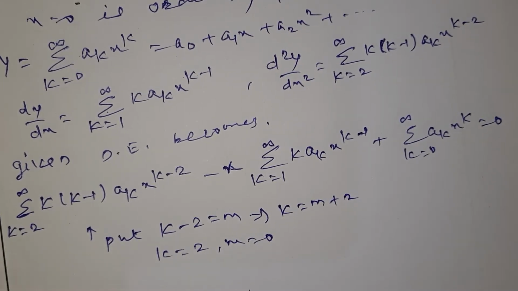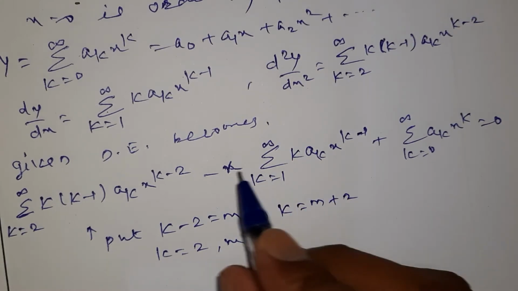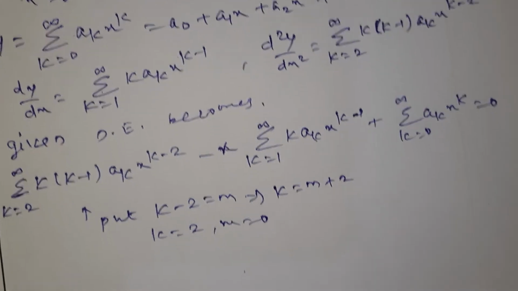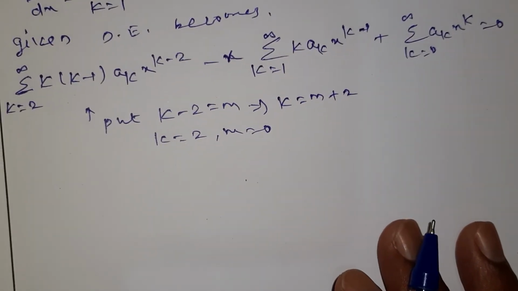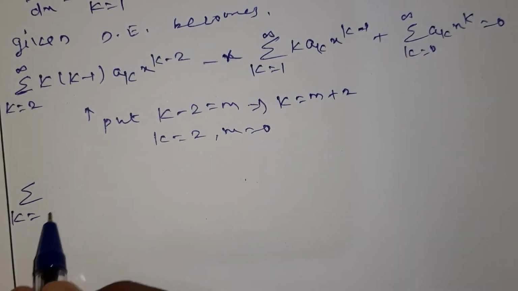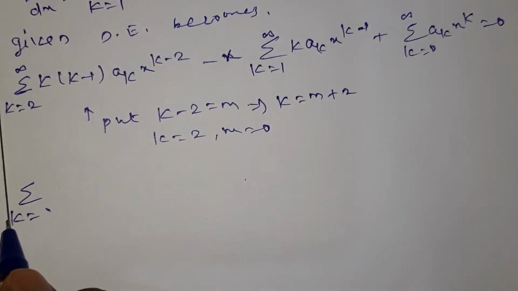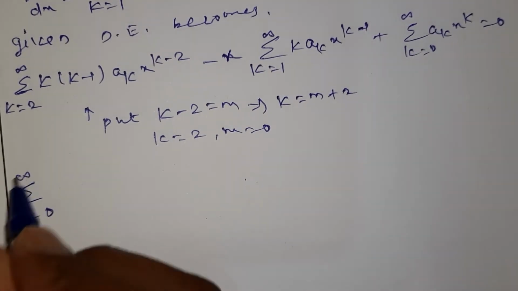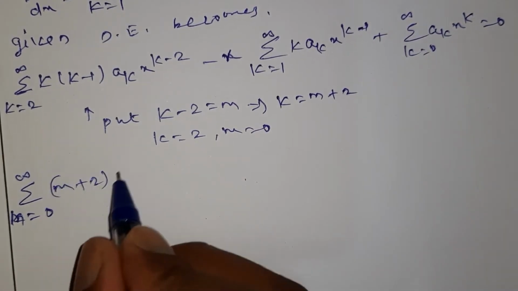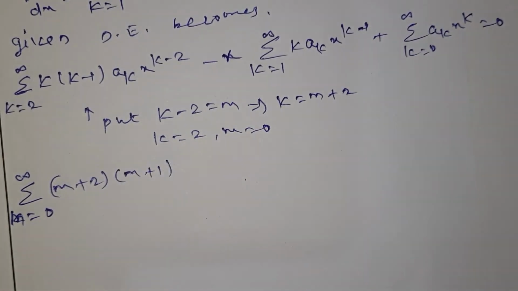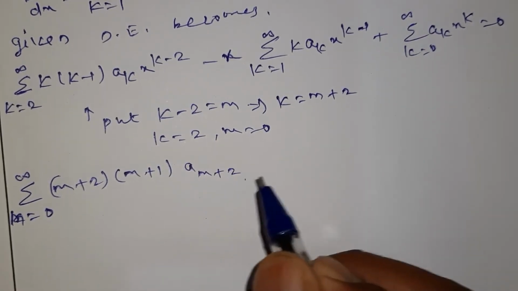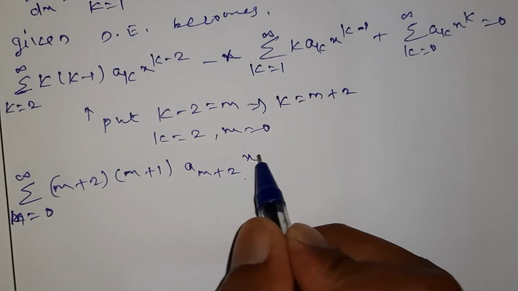In the second term, multiply this x inside the bracket. So x raised to 1 and minus 1 get cancelled. You will get x raised to k. So we extend one step and we write it properly. Write with me. Summation m is equal to 0 to infinity, now k is m plus 2, so m plus 2 into m plus 1, a m plus 2, then x raised to m.